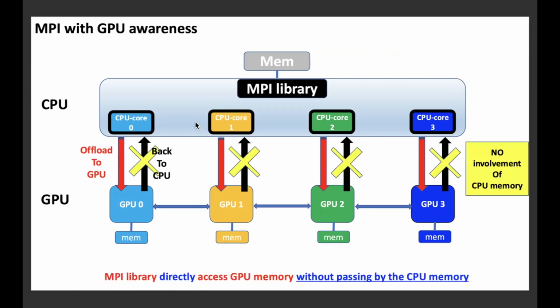The MPI library can directly access the GPU memory, and that is really the key in this concept.